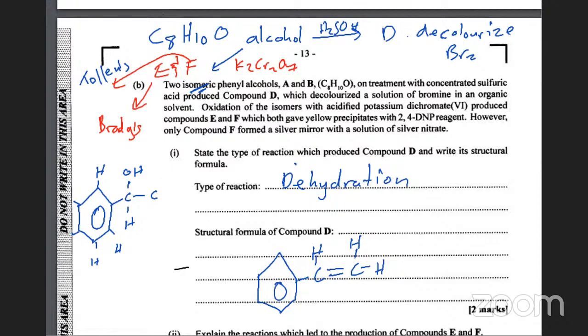Remember, you are taking off the OH group from this carbon and the hydrogen from this carbon, and so you get the double bond. That is correct. And I'm referring to Bless TV in the comment section. All right, so that's compound D. Let us scroll down now.